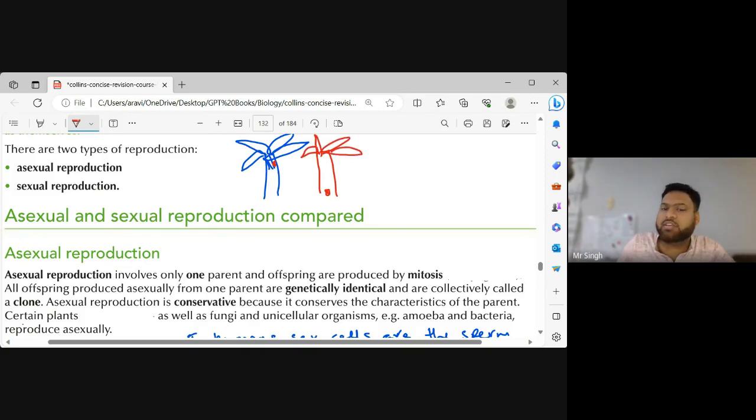So the banana trees are planted asexually. They do not need another sexual partner for that tree to grow. Does that make sense, everyone?